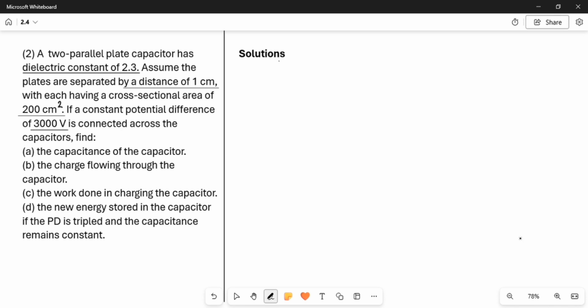We are expected to find the capacitance of the capacitor, the charge flowing through the capacitor, the work done in charging the capacitor, and the new energy stored in the capacitor if the PD is tripled and the capacitance remains constant. So let's proceed.